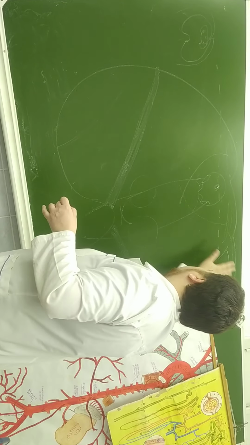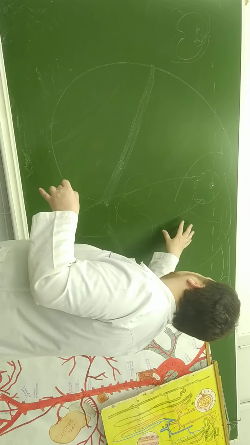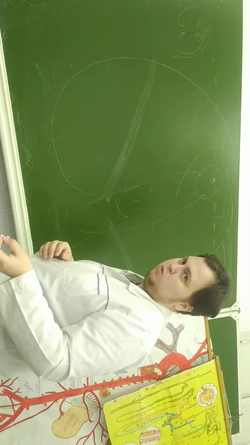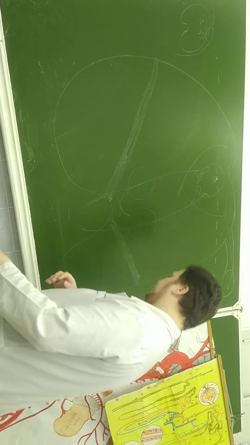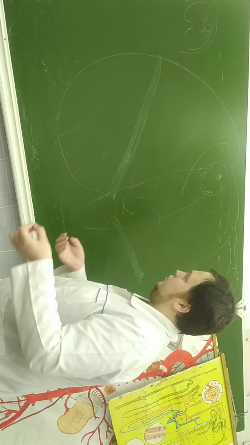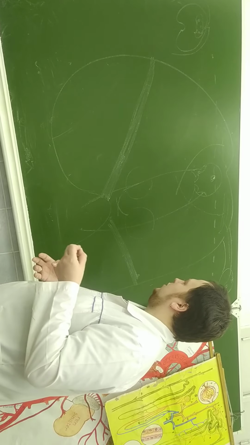Also, there are multiple small nuclei which are located in this tegmental part, which are called reticular nuclei. They have different functions. The largest of these nuclei are Cajal's nucleus and Darkschewitsch's nucleus.